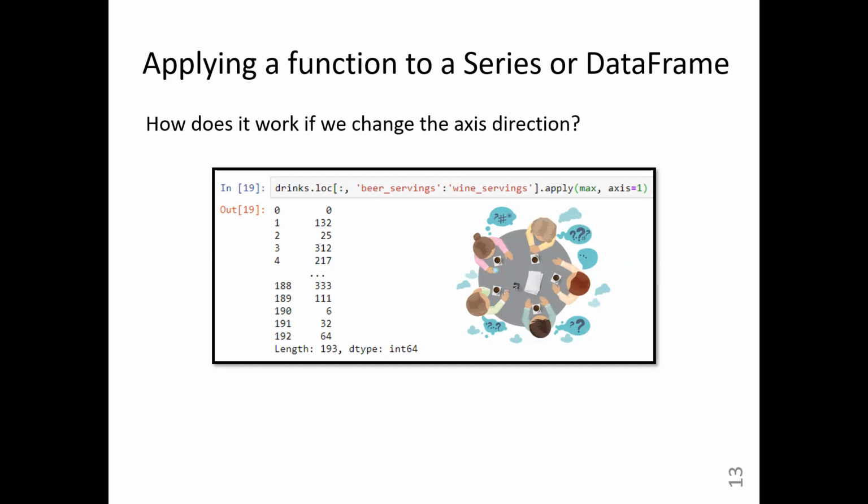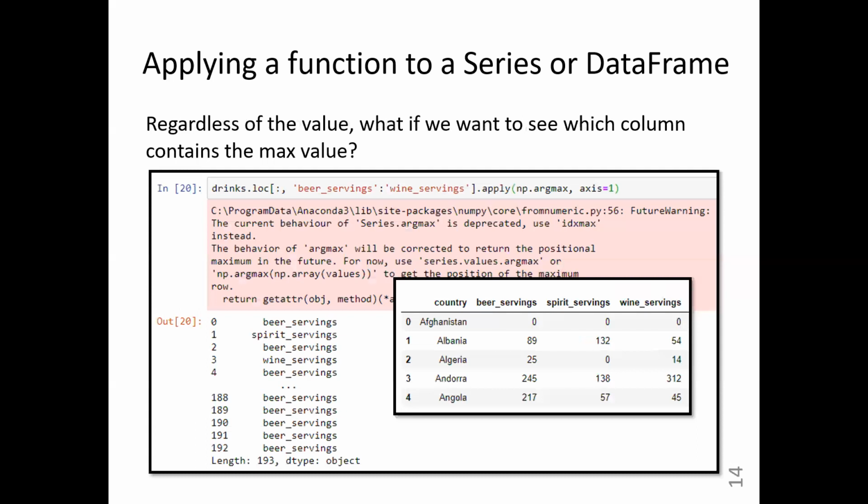Bravo, awesome. And by saying that, look at this. Sometimes you don't want to have the exact number. You want to see, for instance, in Albania, which alcohol drink is consumed more. For instance, in Albania, it is spirit serving. In Algeria, beer serving, right?